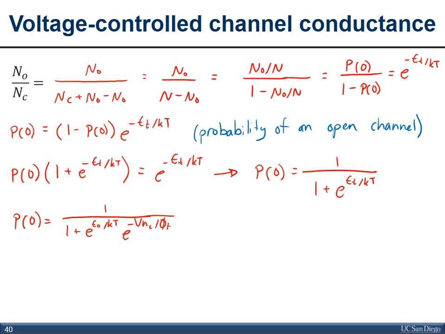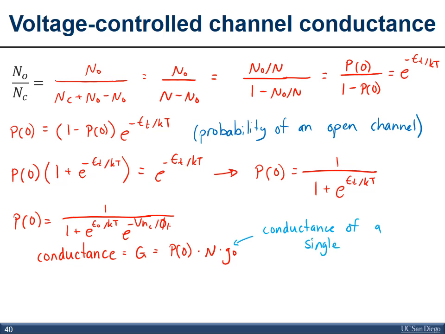We can say that the conductance, which we'll say is capital G, is equal to the probability of open channels times the number of channels times the conductance of a single channel. So that's the conductance of a single channel.